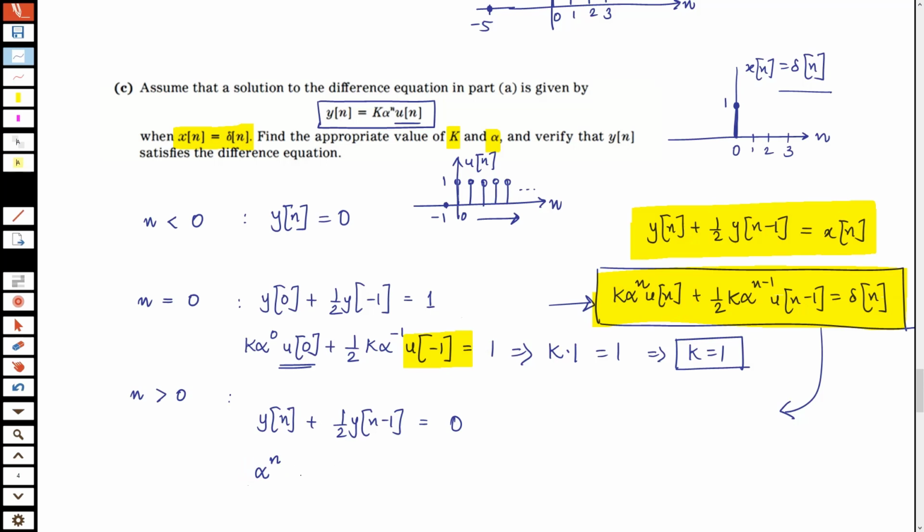So alpha to the power n is the first term plus half of y n minus 1. What would be y n minus 1? K, that is 1, times alpha to the power n minus 1 u of n minus 1. Now, u of n minus 1 means the value of un shifted to the right by 1 unit.